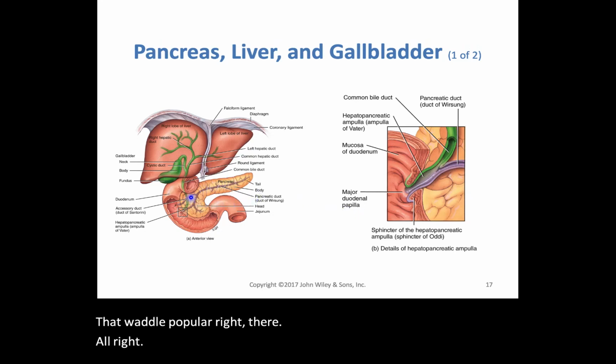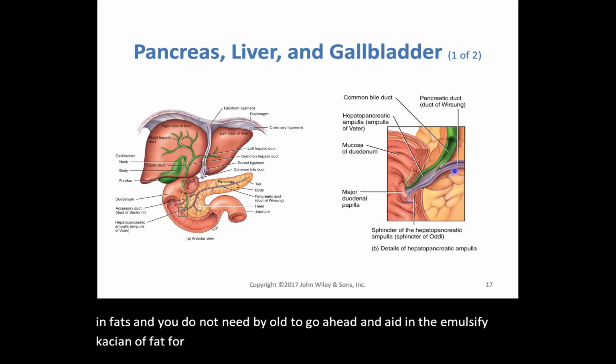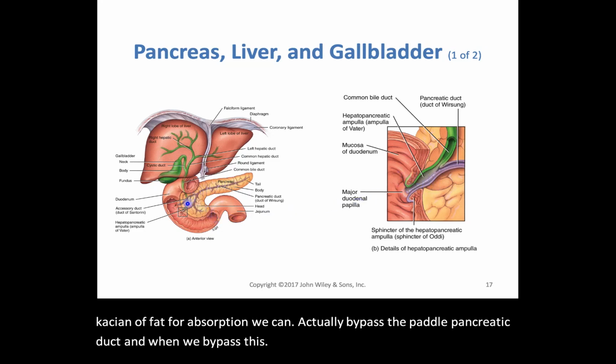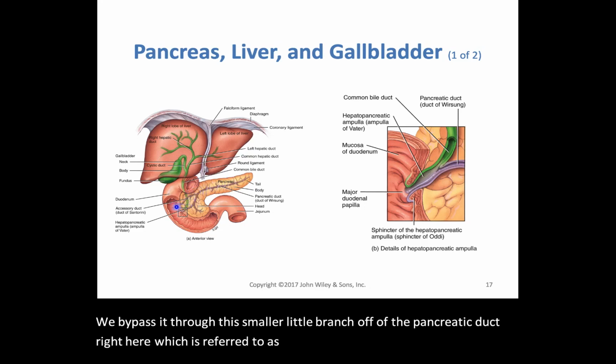I also do want to mention that in the event that you have a meal that is low in fat and you do not need bile to aid in the emulsification of fat for absorption, we can actually bypass the hepatopancreatic duct. And when we bypass this, we bypass it through this smaller little branch off of the pancreatic duct right here, which is referred to as the accessory duct.